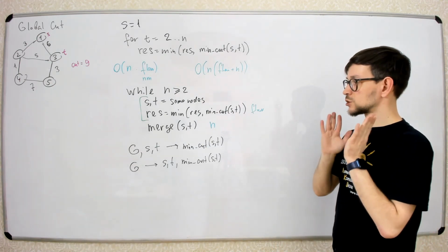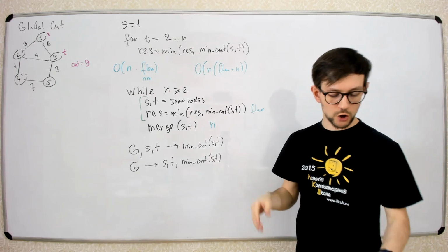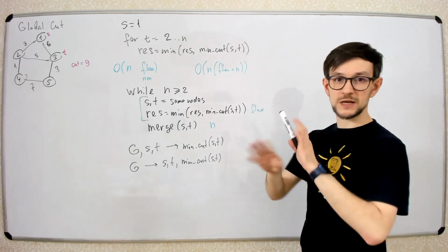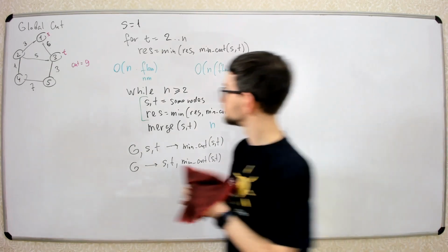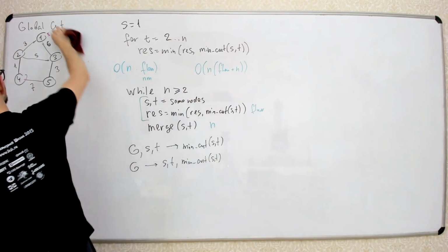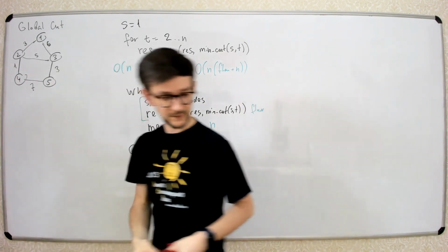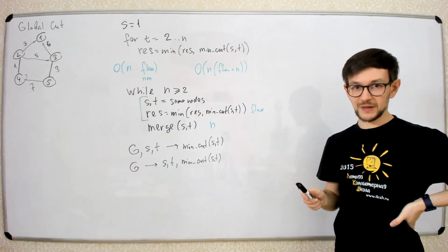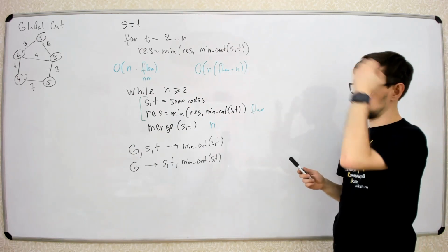Let's go. So this algorithm is called the Stoer-Wagner algorithm. It works like magic. Absolutely magical algorithm. So what we'll do, we will try to construct the following thing.